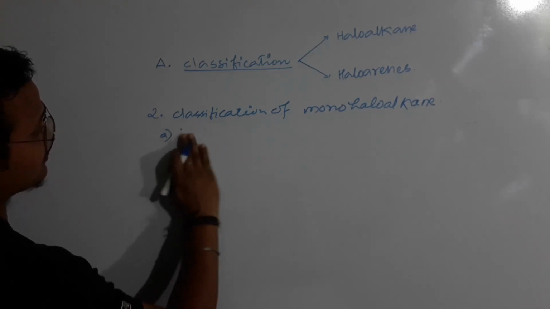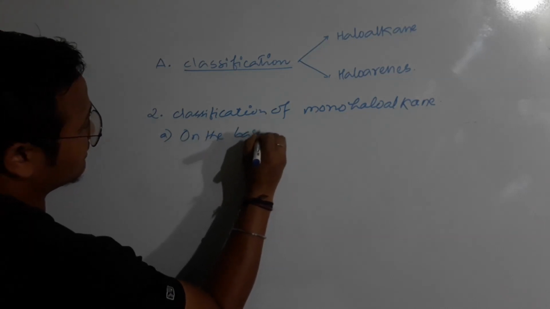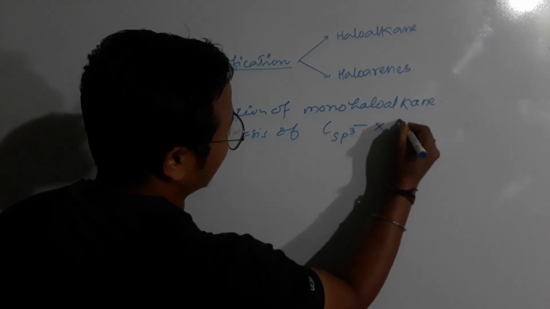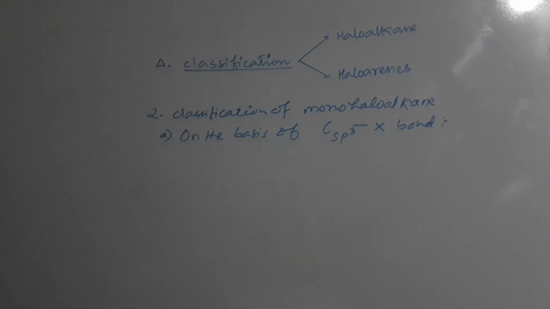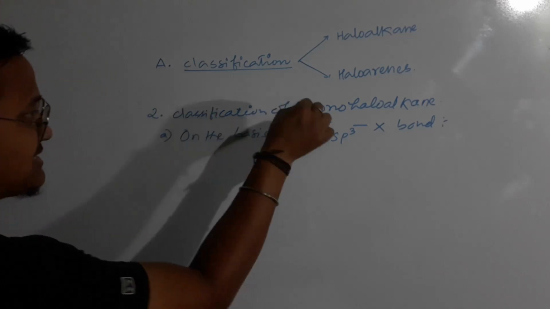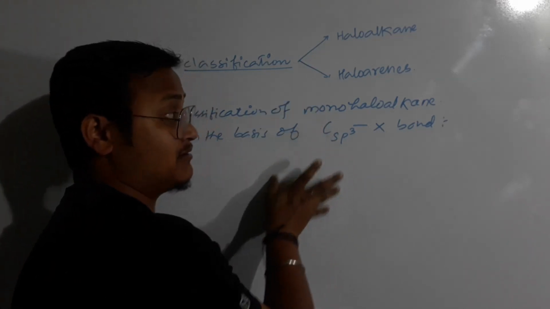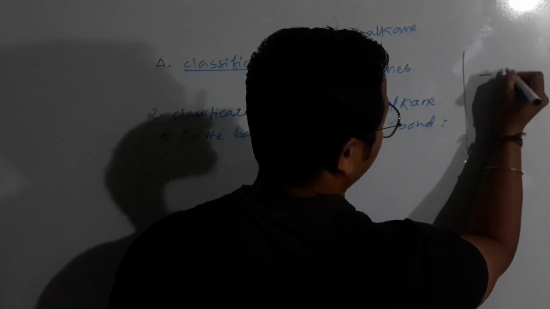A1, on the basis of the sp3 carbon-halogen bond. In this basis we can have a number of monohaloalkanes. So the basis is the sp3 carbon. What do we know, right, guys?